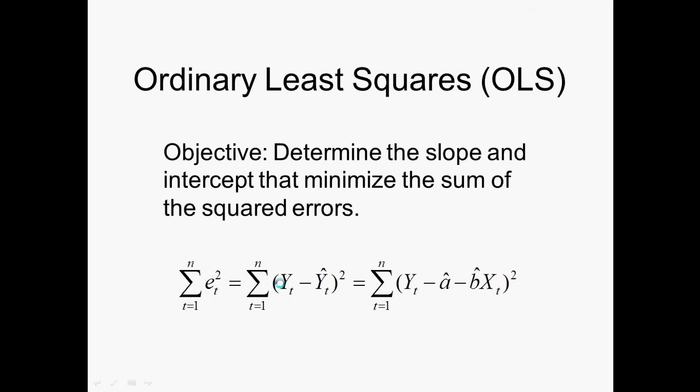The errors are equal to yt minus the predicted y hat t, the predicted value of y for those values of the independent variables. And then you can define the errors again by substituting in the formula for y hat. This gives you the sum of squared errors.